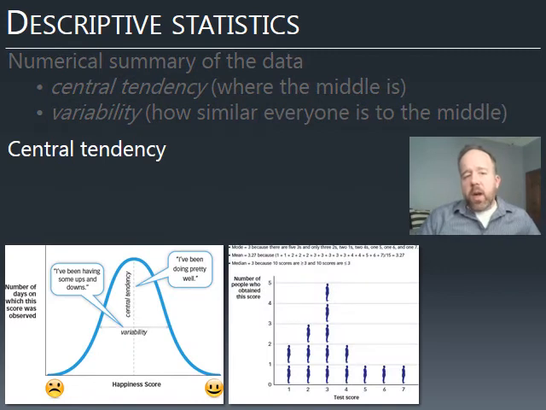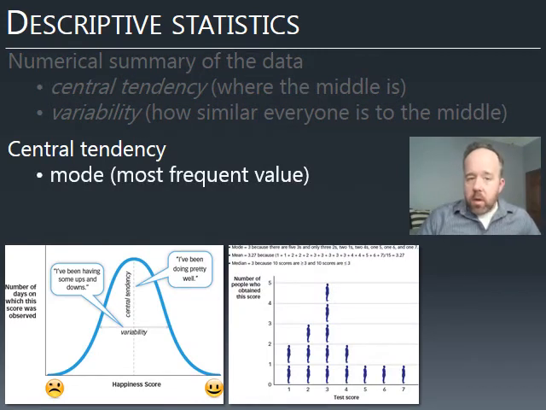And there are a couple different ways of describing the central tendency. One is through the mode, which is the most frequent value. In this new picture on the right, you can see all the observations that were made. In this case, the observations are test scores. And again, the y-axis is how many observations of a given value were made. In the left picture, we have this nice curve. In the right picture, we have individual observations. But in both cases, we can say what the mode is.